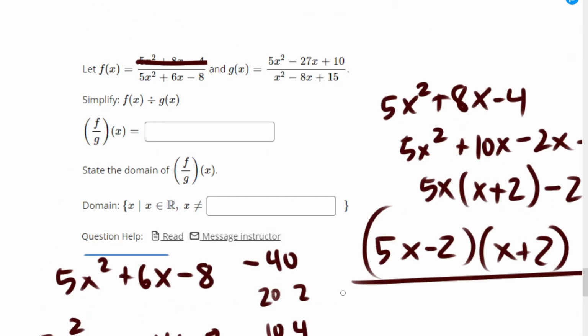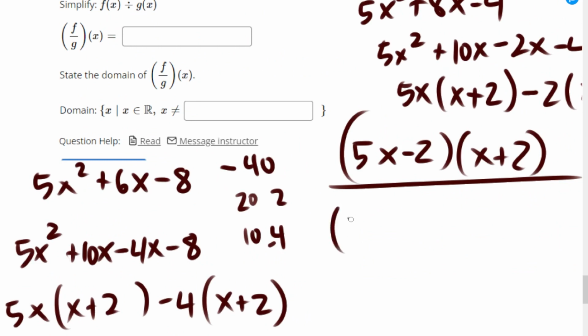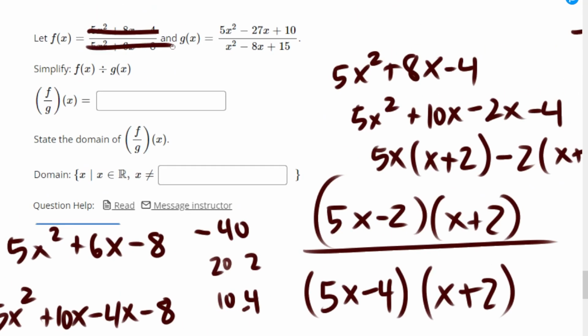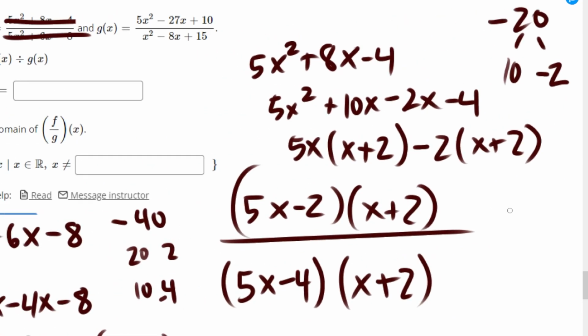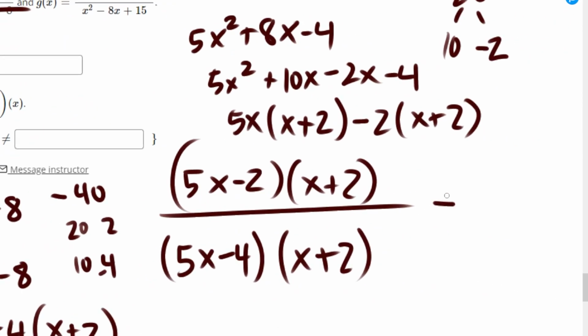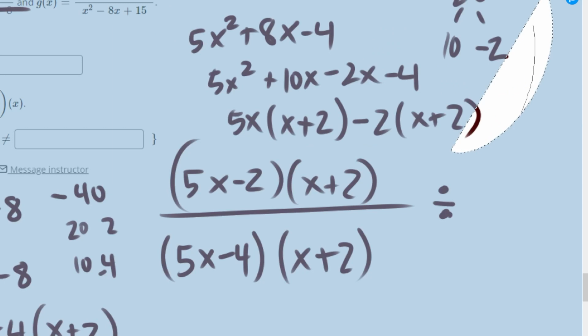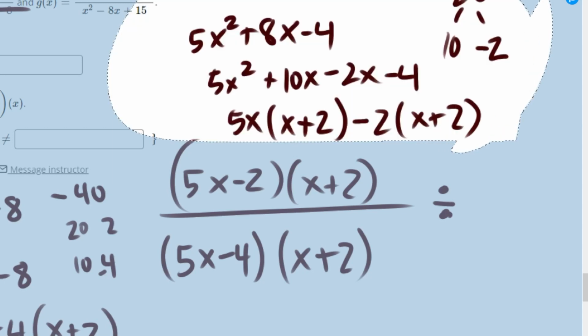And then for our bottom factors, it will be 5x minus 4 and x plus 2. Awesome. We've gotten that one taken care of. We've got our f of x. Now we're dividing. So divided by, let me move these guys up a bit. Or over, I guess it's probably easier to work up.